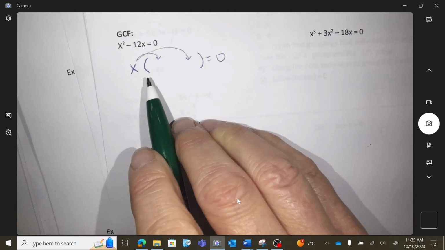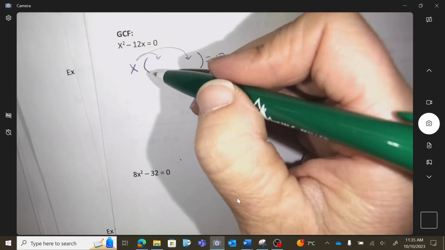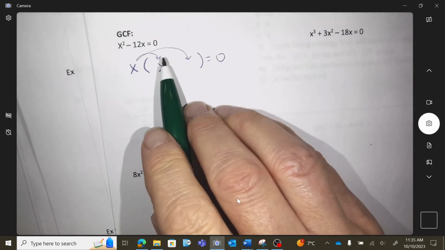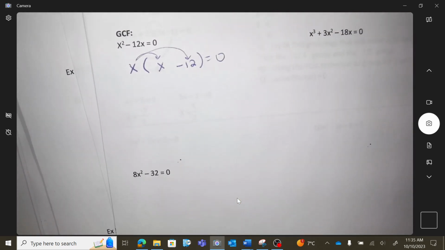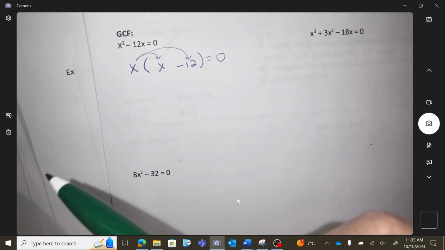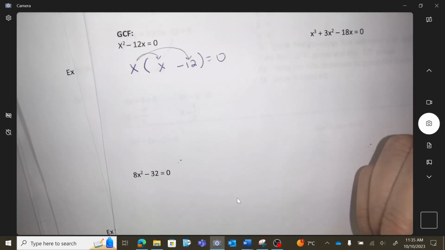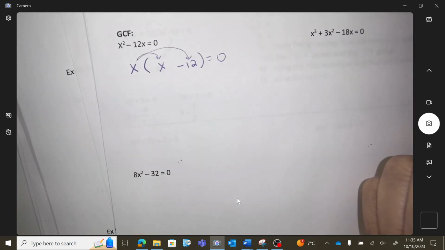So I have two terms. So x times what makes the first? x times what makes the second? Okay, and your brain goes better forward, so can you distribute and end up with that? If I do this, do I get that?